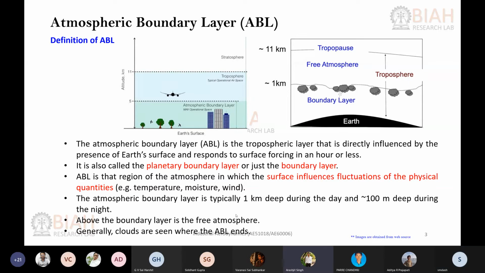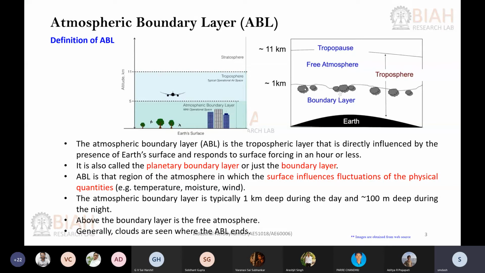Excuse me, sir, I didn't get the point where you said that the boundary layer height is approximately the height at which clouds are formed. This is again a pattern of the water cycle. When the air is moving up, it captures moisture along with it.